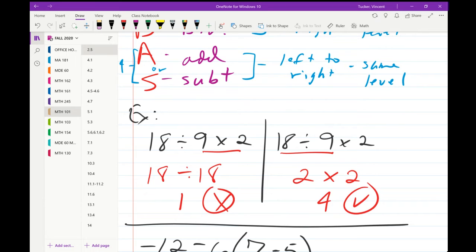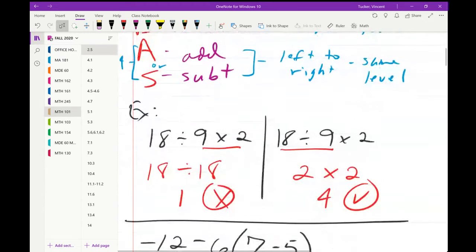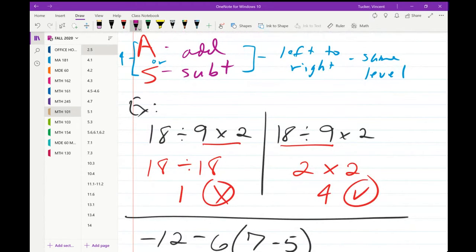If you go by the order you see in PEMDAS, multiplication first, then division, you'd do 9 times 2 first, that would be 18, then 18 divided by 18 is 1. But this is the incorrect way of doing it. Once again, multiplication does not take precedence over division. You do them both from left to right. So what we should do first is 18 divided by 9, which is 2, and then 2 times 2 is 4.